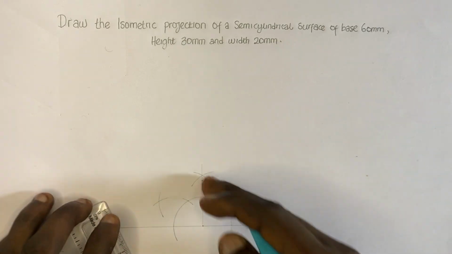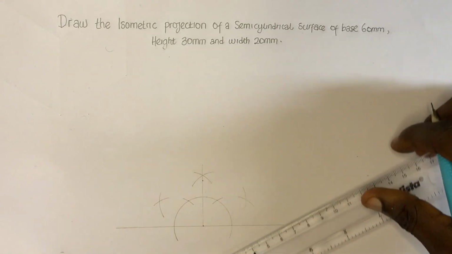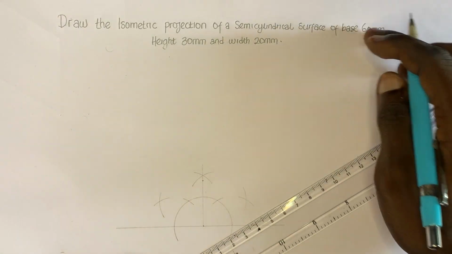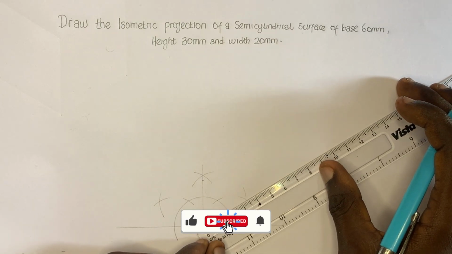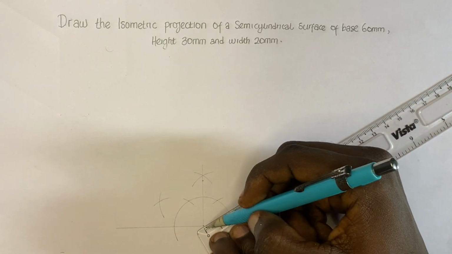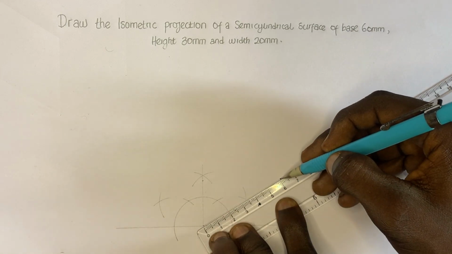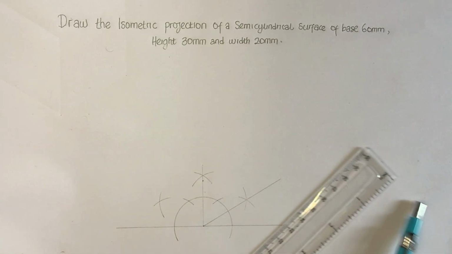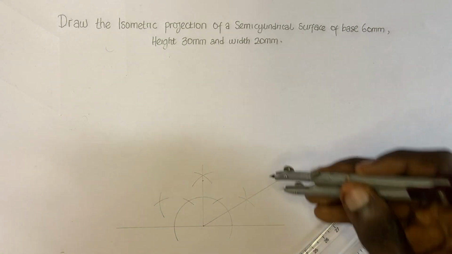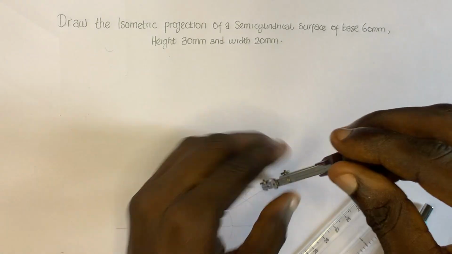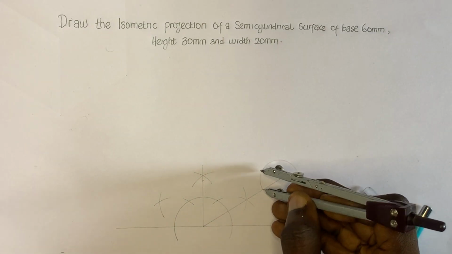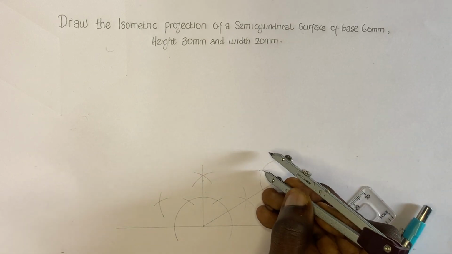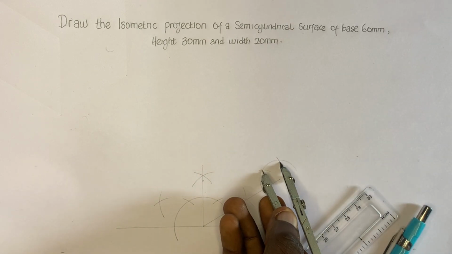This is 30 millimeters, and we have a length, the base. We have a base of 60 millimeters. So here's the base side. Okay, so now at this point let's construct an angle of 120 degrees upward. Here's how we construct 60 degrees, then from there we can construct this other one here.